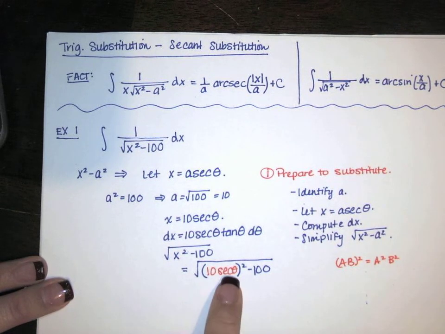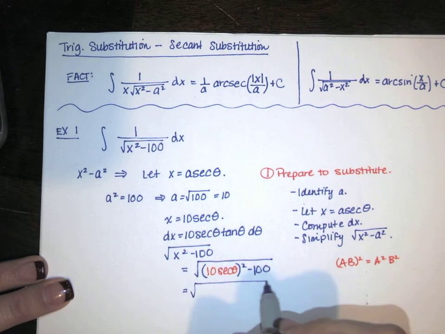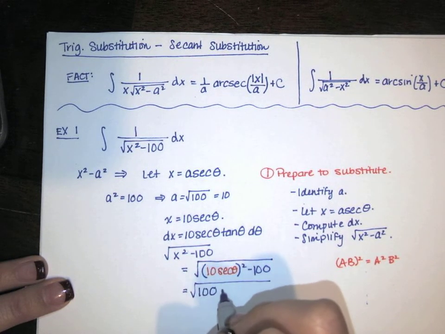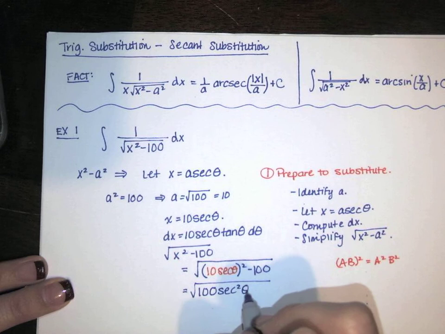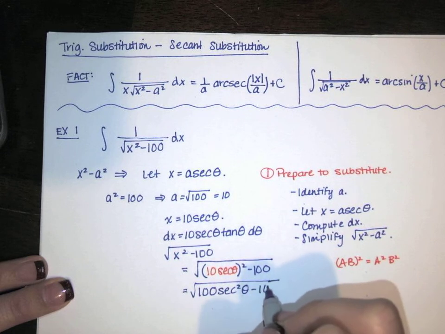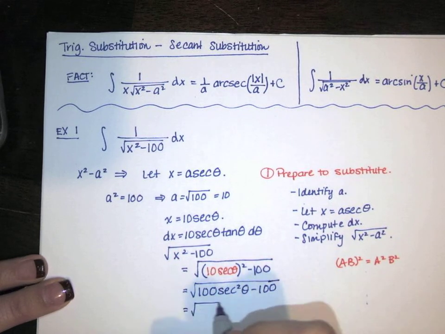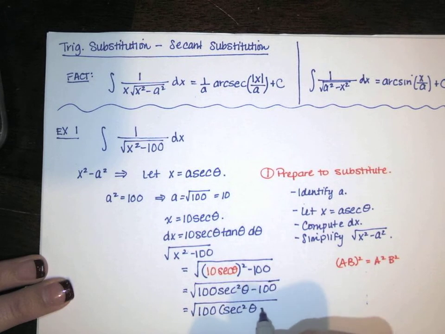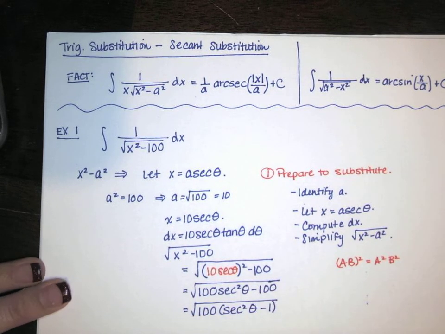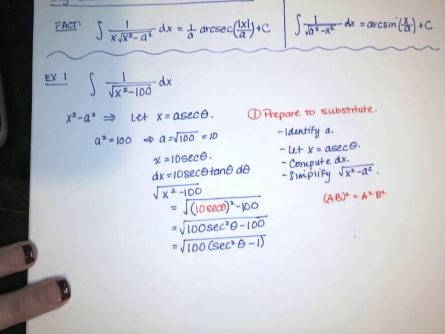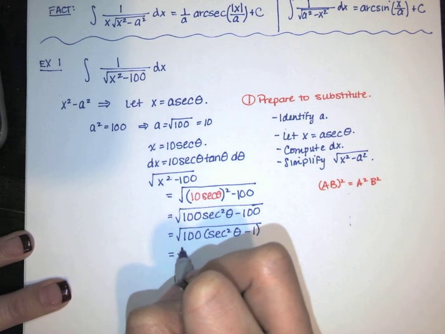So I'm going to square the 10, I'm going to square the secant. Factor out the 100. You see it? You see it coming? Yes, it's exciting. Secant squared minus 1 is tangent squared.